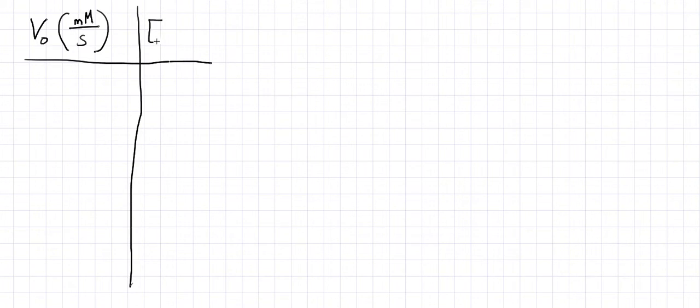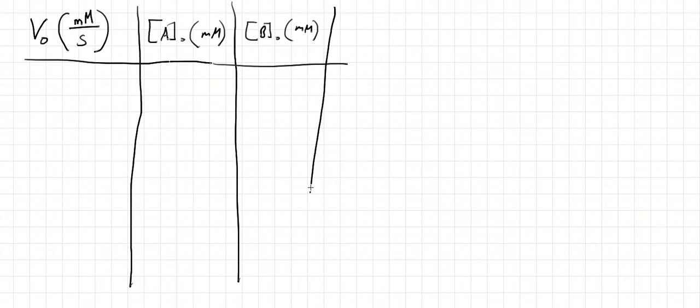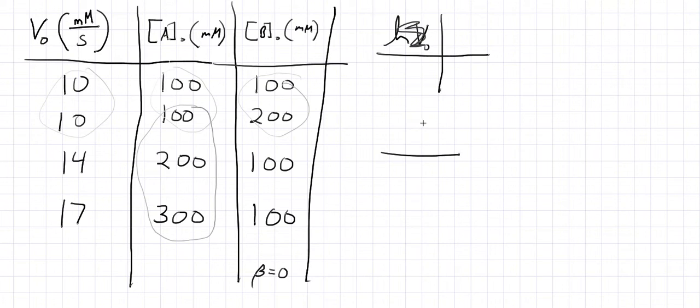Then A naught in millimolar and B naught in millimolar. And finally, we're going to have the log of the reaction rate as the y, and the x is going to be the log of A naught.